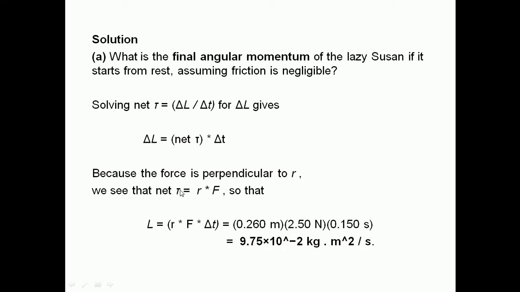We already learned that the torque is equal to the radius multiplied by the force. So we will put the values in the formula. L is equal to radius multiplied by the force and then the time we applied it. We already know the radius of this tray is 0.6 meter, the force the person is applying is 2.5 newtons, and the time the person applied the force is 0.15 second.